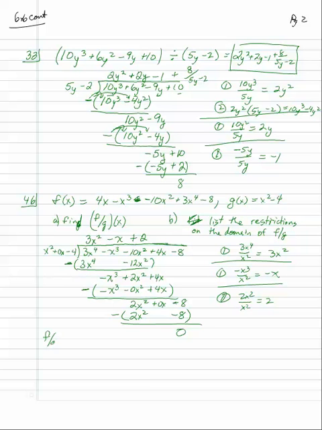So f divided by g of x is equal to 3x squared minus x plus 2. And then my domain, restrictions on the domain, is where the bottom is not equal to 0, so that's just g.